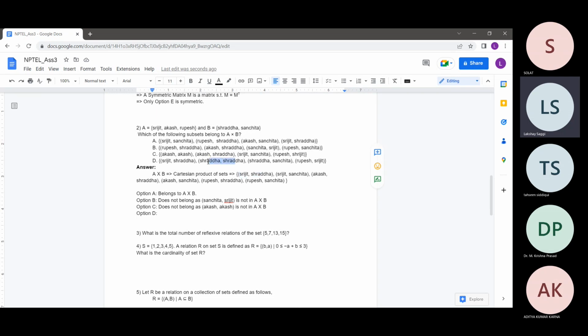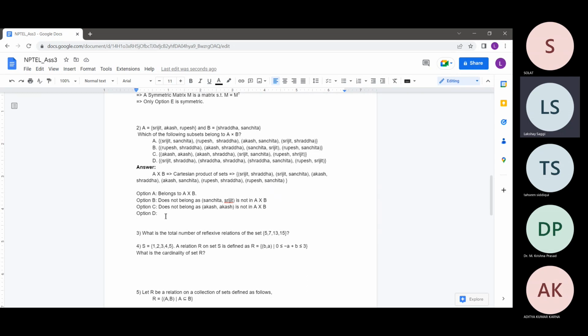Shraddha, Shraddha is not in A cross B. Let's say Srijit, Srijit, like Shraddha, Shraddha, would be in B cross B. The elements of B cross B would contain Shraddha with Shraddha, Shraddha with Sanchita, Sanchita with Sanchita and Sanchita with Shraddha. So Shraddha, Shraddha would be in B cross B, but it is not in A cross B. I was just saying that so you can see where Shraddha can come.